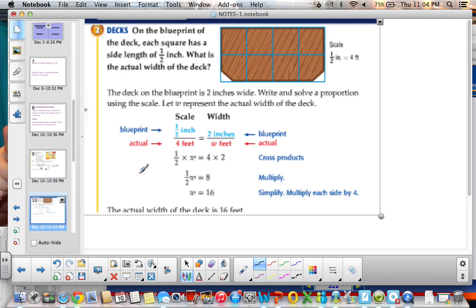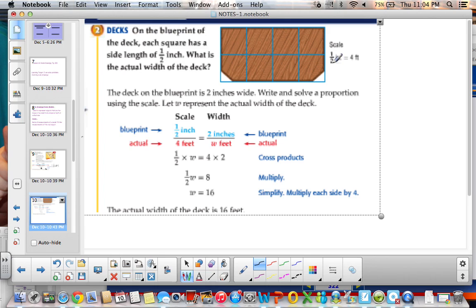On the blueprint of the deck, each square has a side length of ½ inch. What is the actual width of the deck? So here, we want to find out the width, which would be from this side over here to this side over here. Okay?